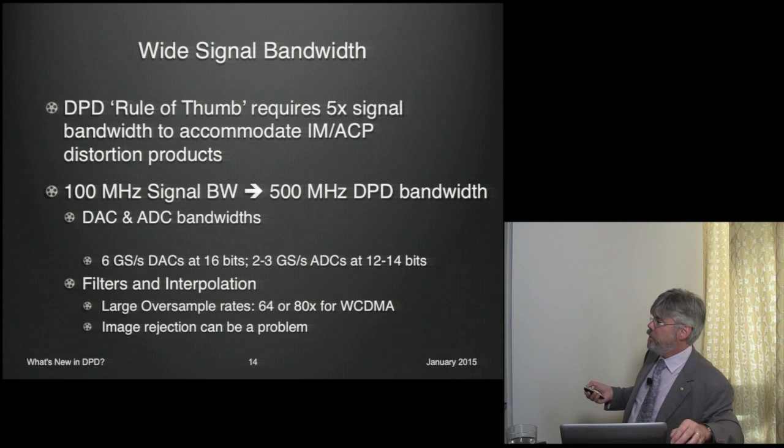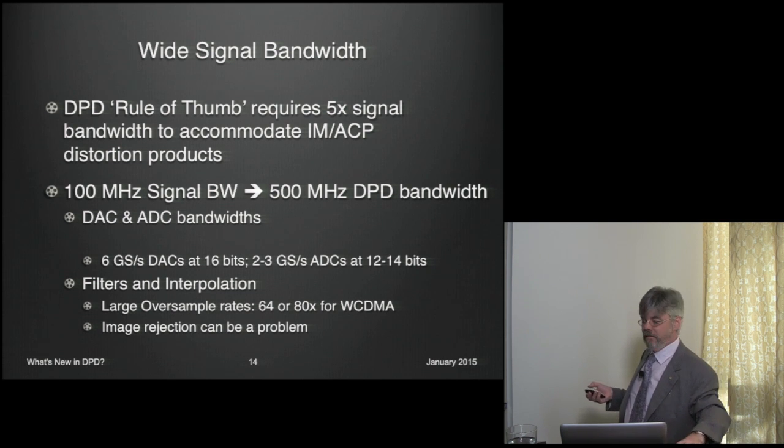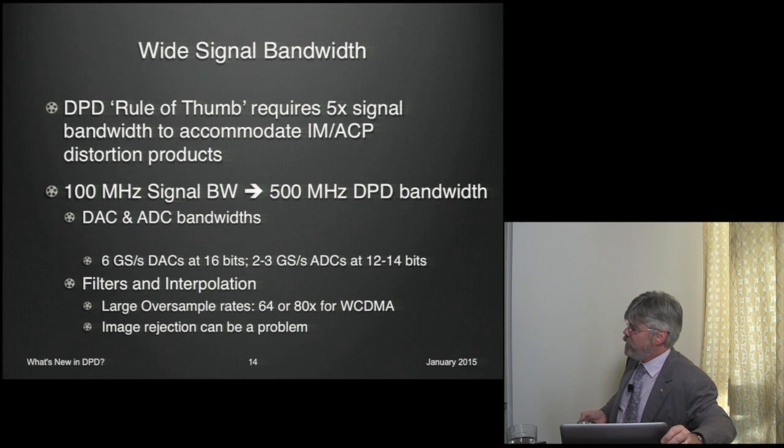And released just in the last year, a rash of ADCs at 12 to 14 bits that are clocking at 2 to 3 gigasamples a second, and will accommodate conversion not only in the first Nyquist but the second. So you can actually be doing nice captures at 2.1, 2.4, 2.7 gigahertz, and again with wide bandwidths, maybe 600 megahertz bandwidth. So we're getting to the point of software-defined DPD systems.